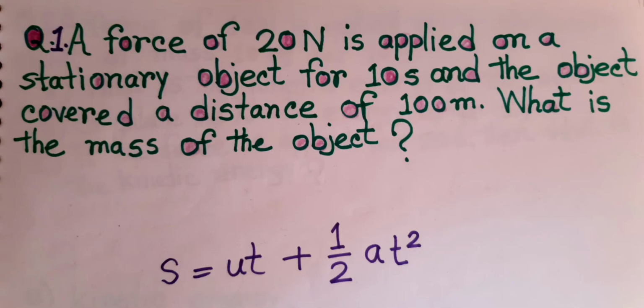That is 20 Newton, the force given here. Also the object is a stationary object for 10 seconds. Time here is 10 seconds. And distance, that is, it covered a distance of 100 meters. So s equals ut plus half at square, that is the formula.